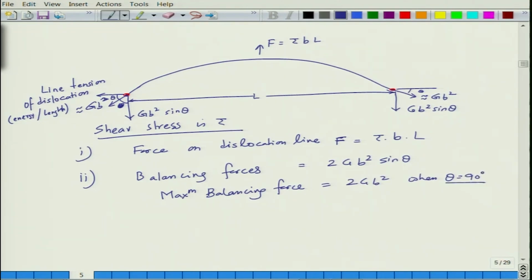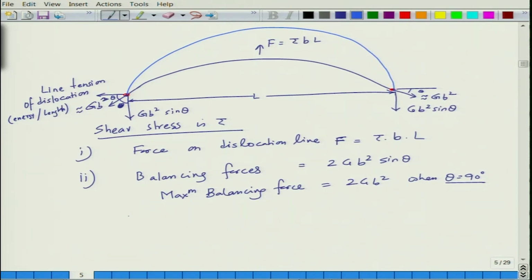So, this will be the maximum. When the loop really becomes like this, the segment will be vertical basically. So, the maximum balancing force will be 2 G b squared.